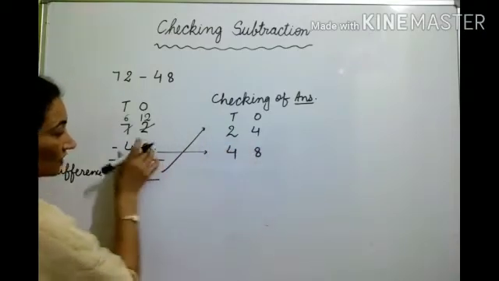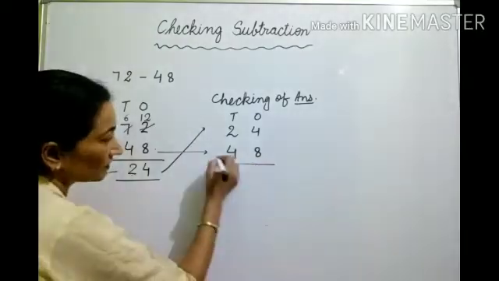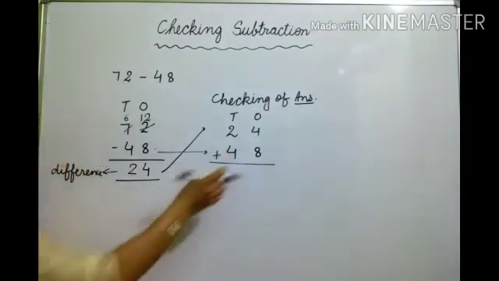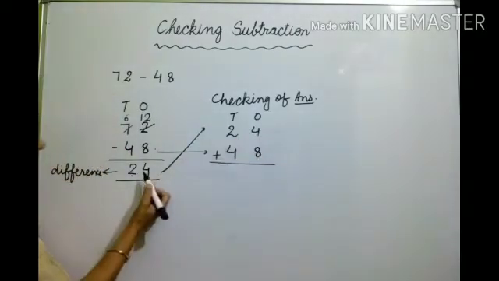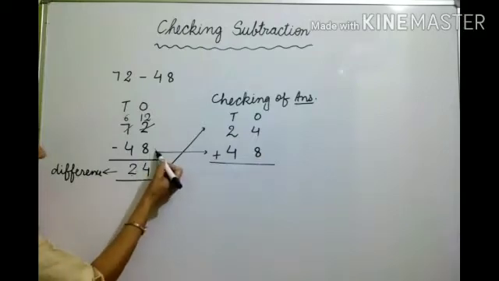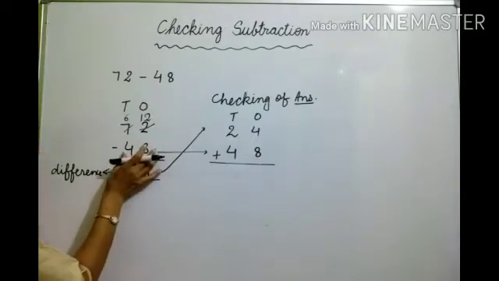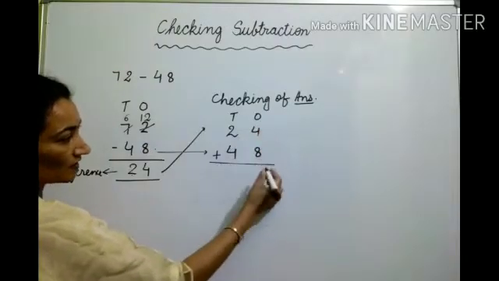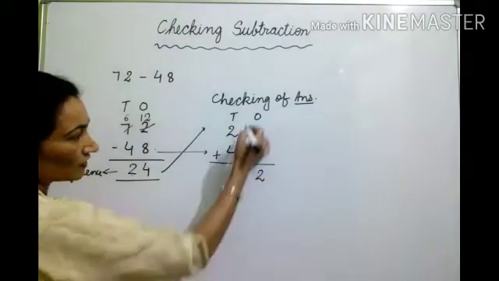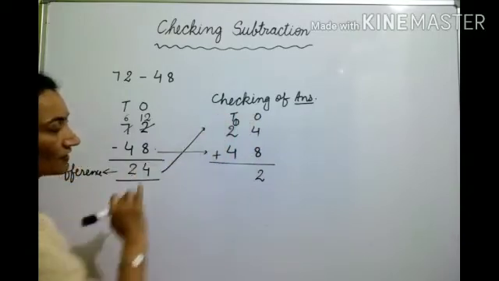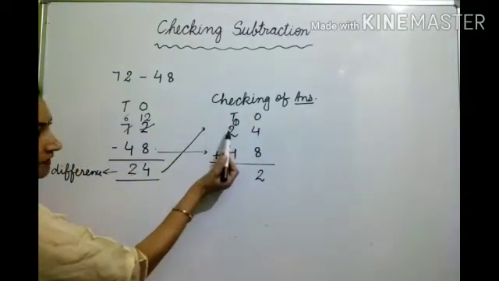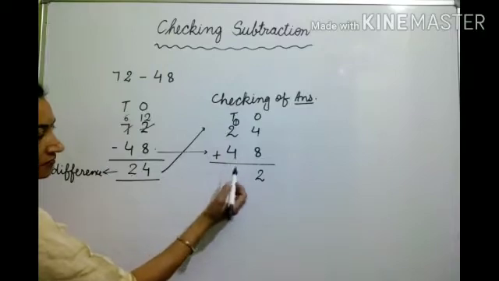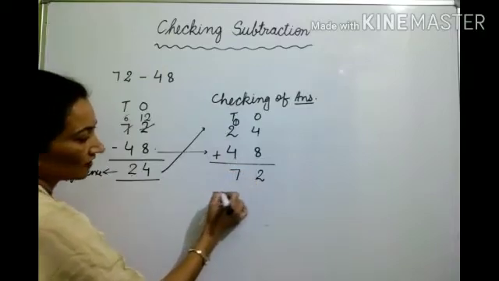48 we have subtracted. Now we will add these two numbers. One is the difference and the second is the number which is subtracted. We will add 4 plus 8, 12. 1 will go carrying to tens. 1 plus 2, 3. 3 plus 4, 7.